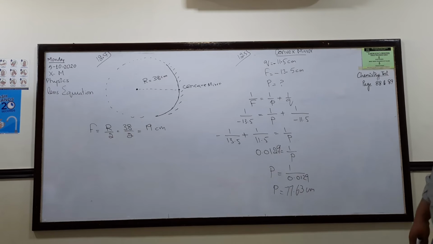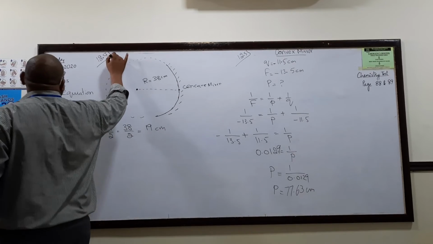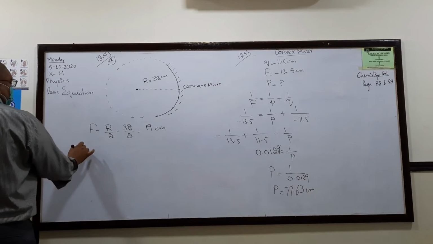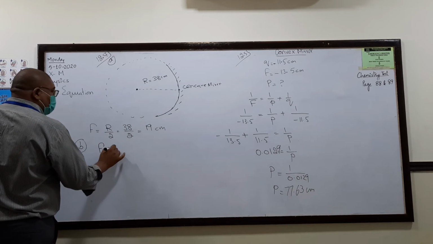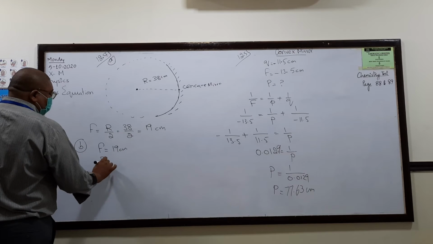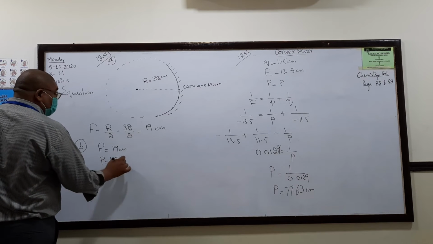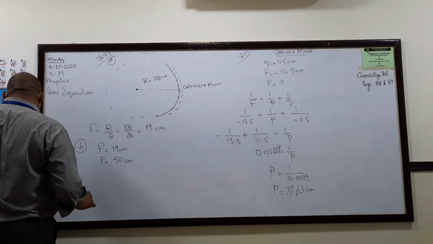Okay. What is the second part? That was the A part of this question. Nabila means the object, which is 50 centimeters from the mirror. The focal length of the mirror is 19 centimeters.